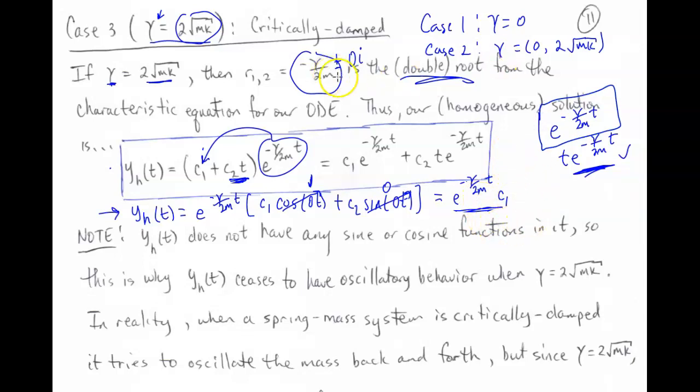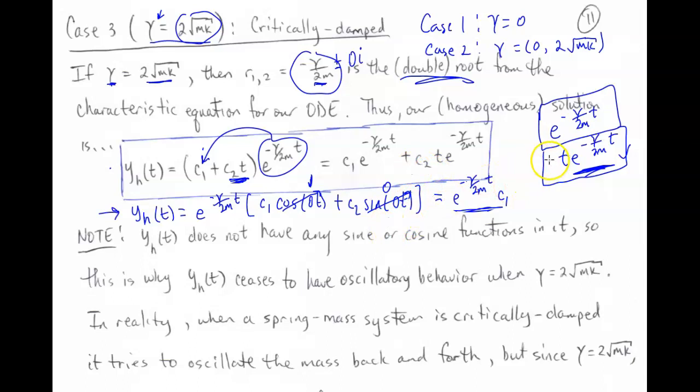Okay? And since our root here was a double root, we know from the theory behind solving those kinds of equations that if we do reduction of order, we will have another fundamental solution, which is going to be t times e raised to the negative gamma divided by 2m times t in the exponent. Okay?